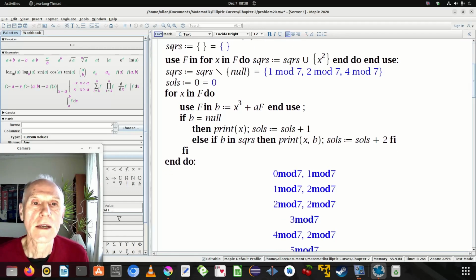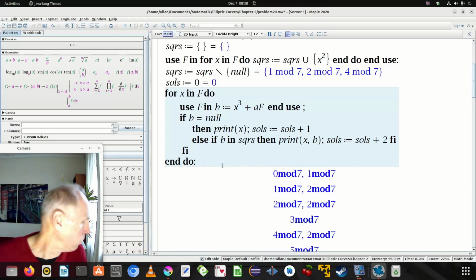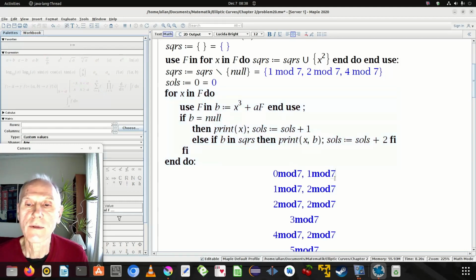And then we make a set of squares, and then we count the solutions by simply computing b for each x. For testing, I print x and b so that I can distinguish which case we have.